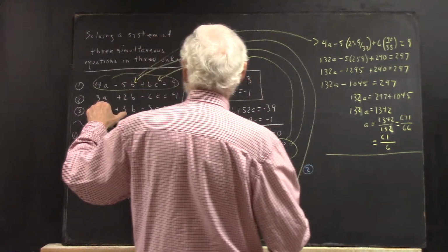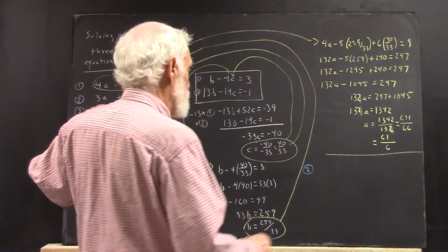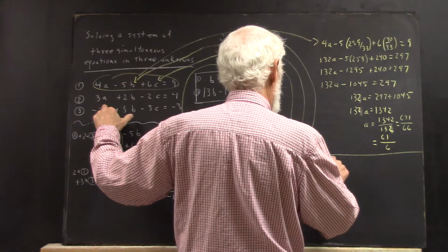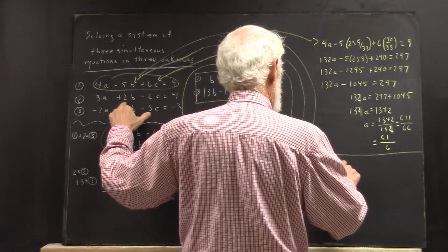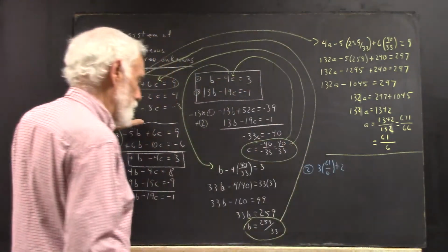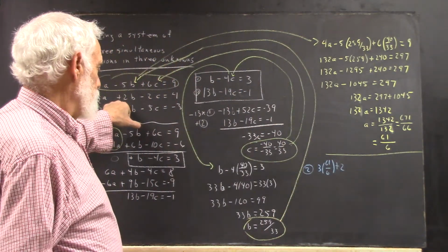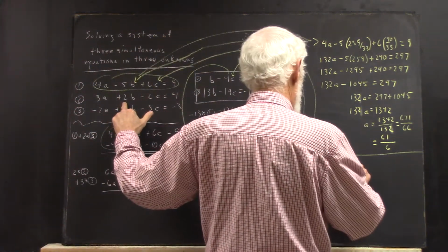It's 3a, okay? Well, let's see, a was, well, there it is, 61 over 6. I'm going to be kind of surprised if this works out. But then plus 2b, and 2b is 2 times 259 over 33.